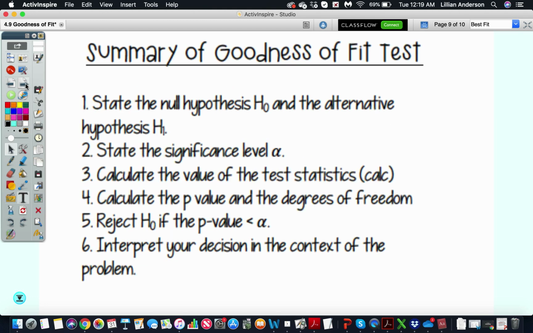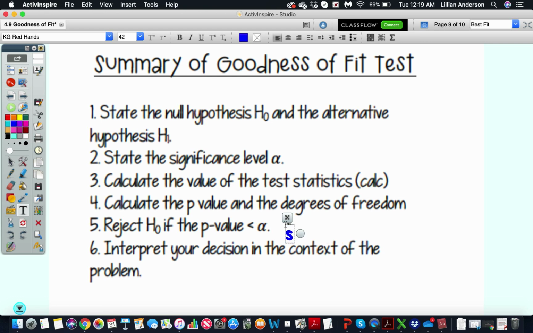Based off of that, whenever you calculate the p-value, you reject if the p-value is less than alpha, which stands for your significance level. So if your p-value is less than your significance level, then you reject. If it's not, then you fail to reject, or you do not reject.